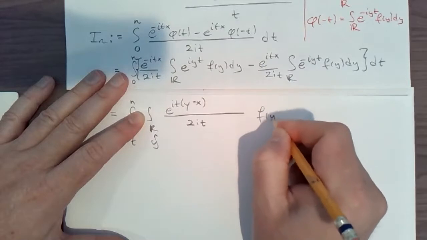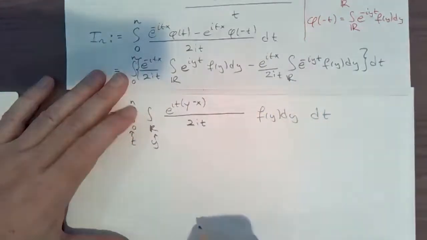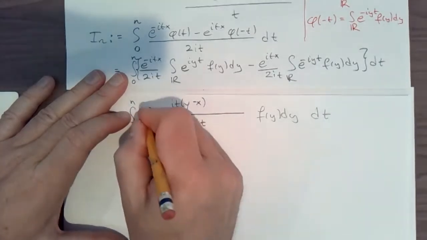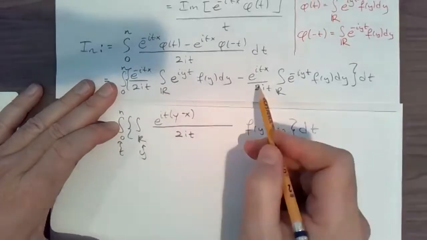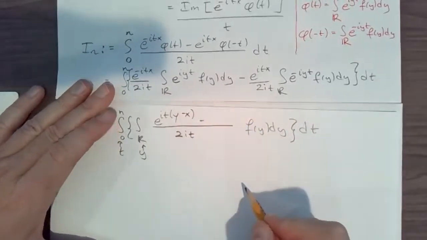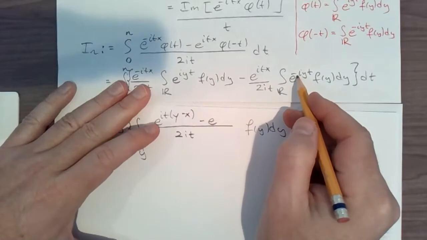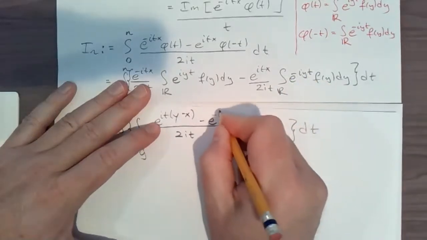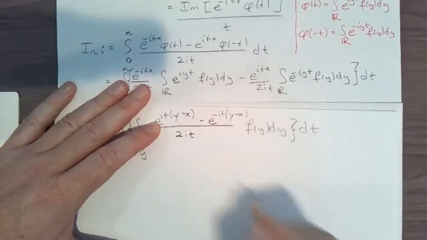I'll have f of y here, and then I'll have my dt here. So that was the first part. Now the second part comes with a minus sign. And then I'll have e to the minus it, and then I'll have (y minus x).